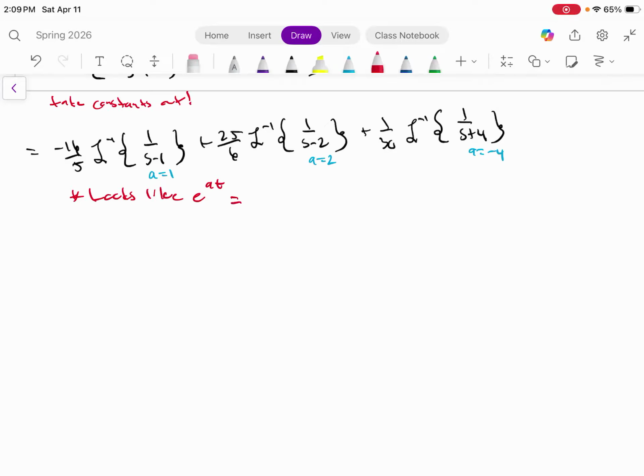Because what is the Laplace of e to the at? That's 1 over s minus a.